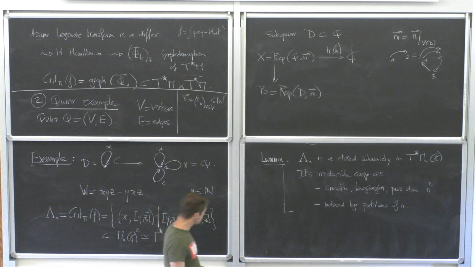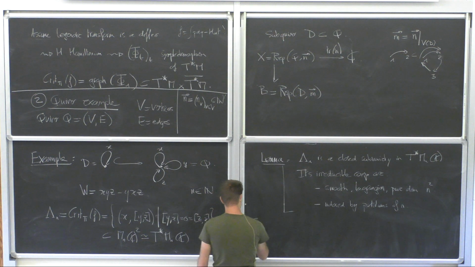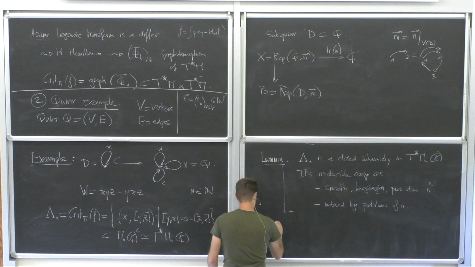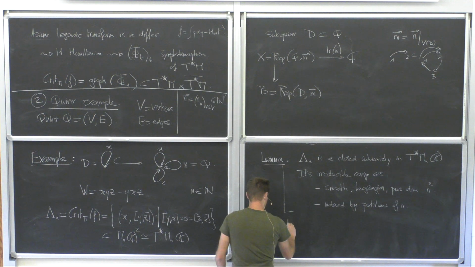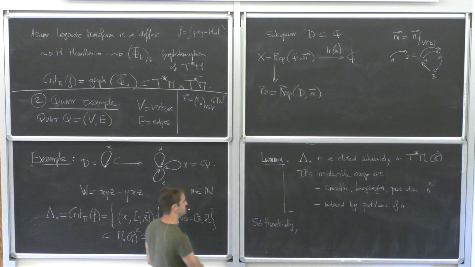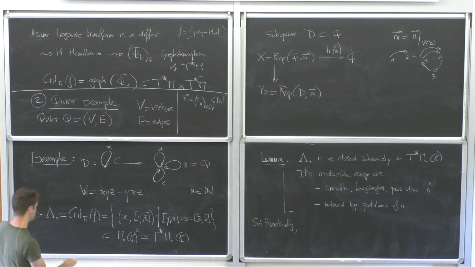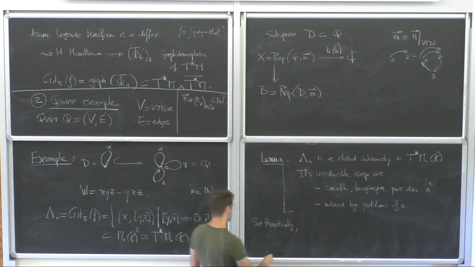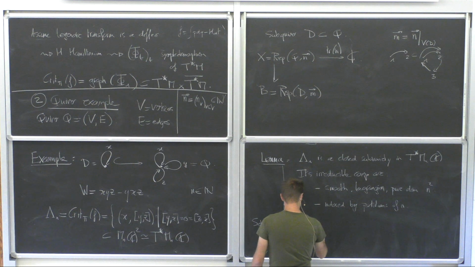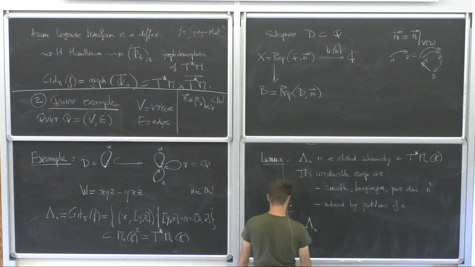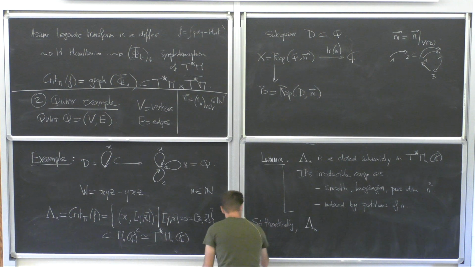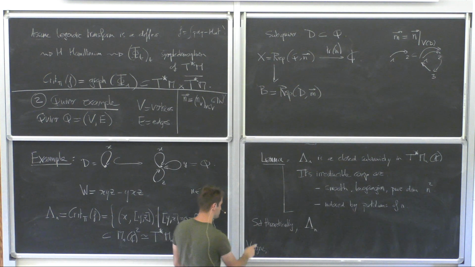Before doing that, let me mention that set theoretically, if you know a bit about Lie theory, that might convince you that this guy is interesting. This lambda n was actually suggested to us by Michel Vergne, who, when she saw this, told us that it should be true.